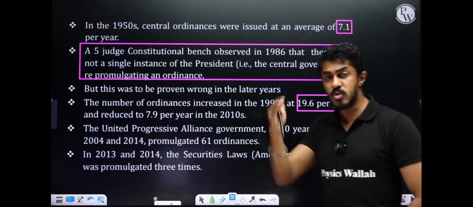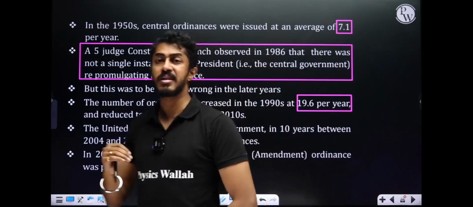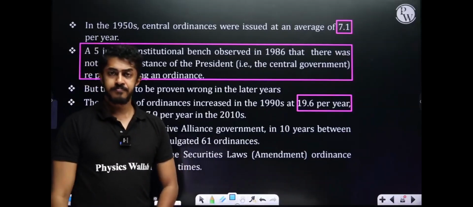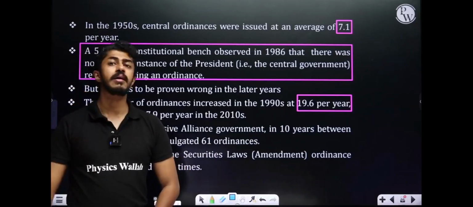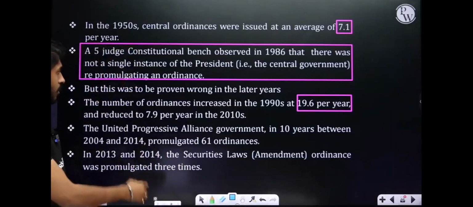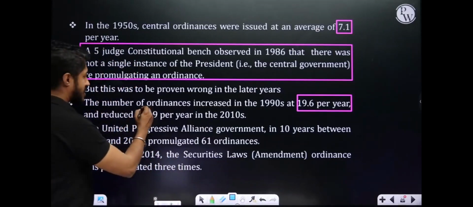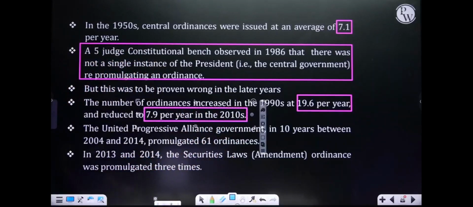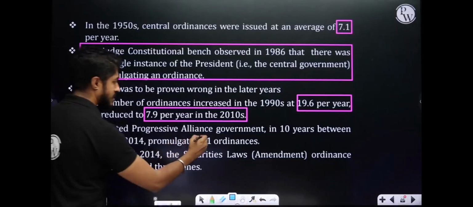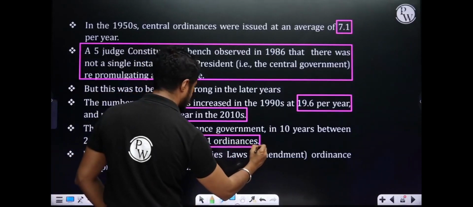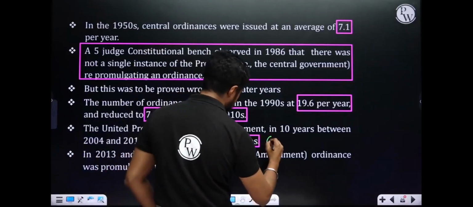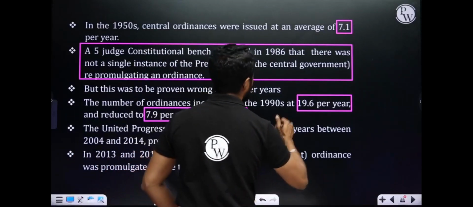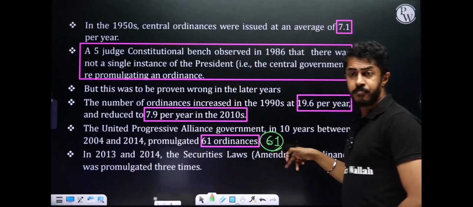This also shows the quality of administration declining, parliamentary quality declining. And it reduced to 7.9 per year in the 2010s. The United Progressive Alliance government, that is the UPA government, in 10 years between 2004 and 14 promulgated 61 ordinances. That means the average is 6.1, lower than the 50s.